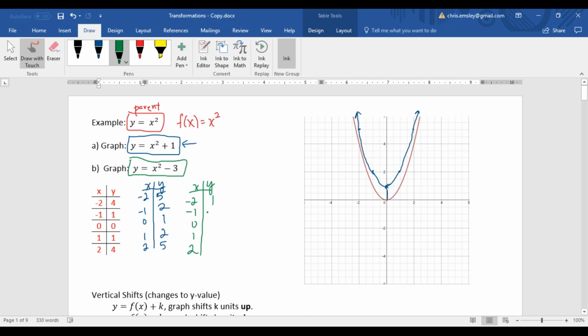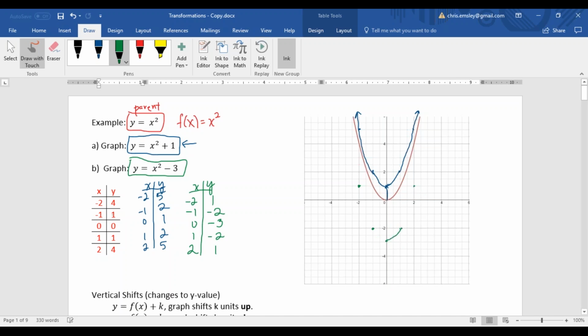Negative 1 squared is 1, minus 3 is negative 2. 0 minus 3, 1 minus 3, and 4 minus 3. So let's plot those new points. Negative 2, 1. Negative 1, negative 2. 0, negative 3. 1, negative 2. And 2, 1.